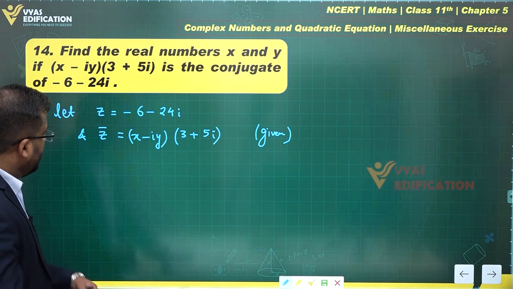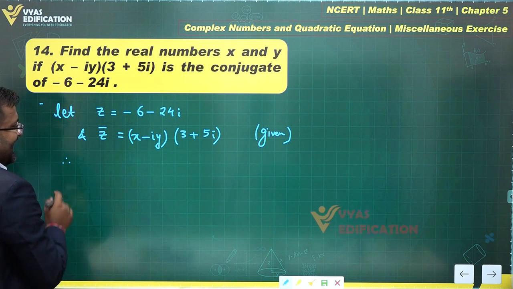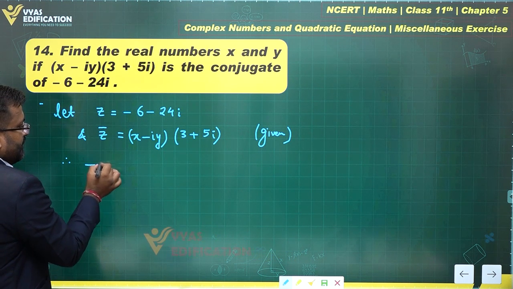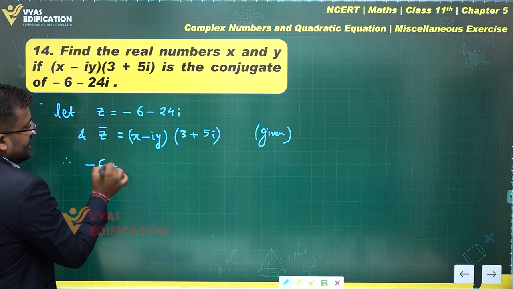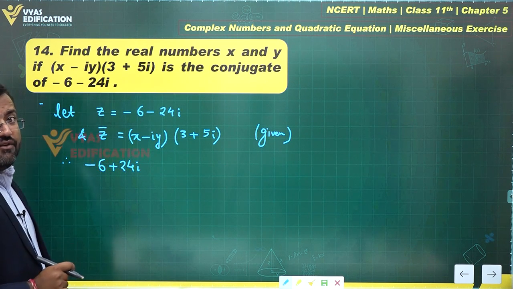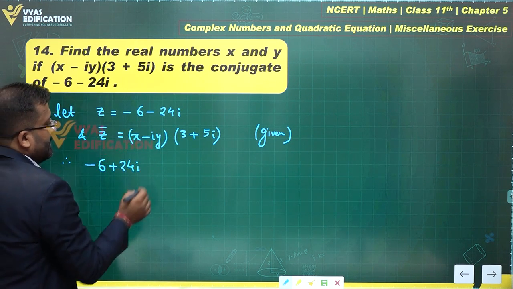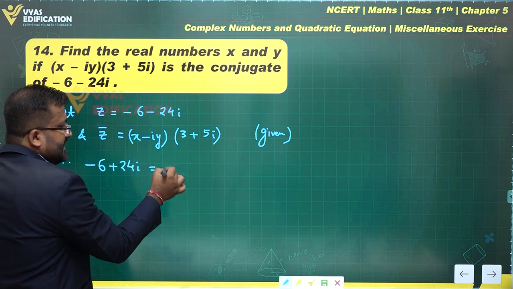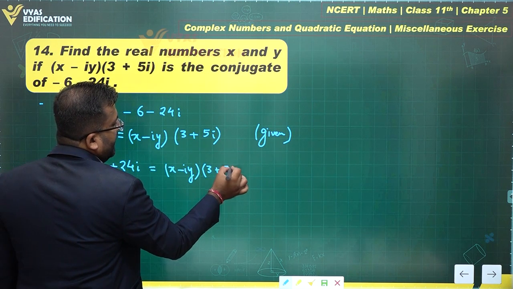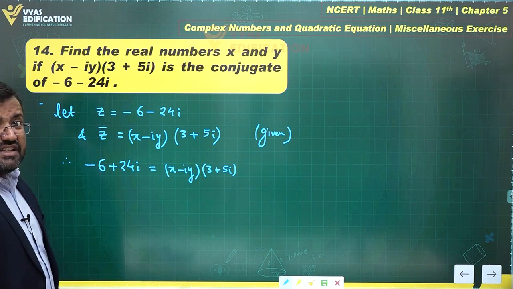Right. So therefore, z bar can easily be found as -6 + 24i. This is the actual conjugate of this, which I can directly see from here. And this is equal to (x - iy)(3 + 5i). I hope that's okay. Yes, that's pretty simple.